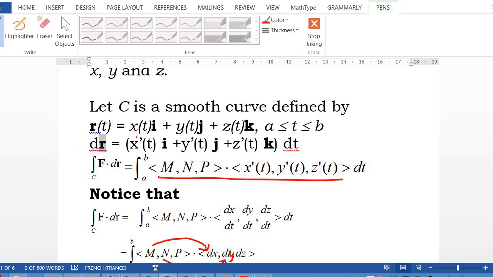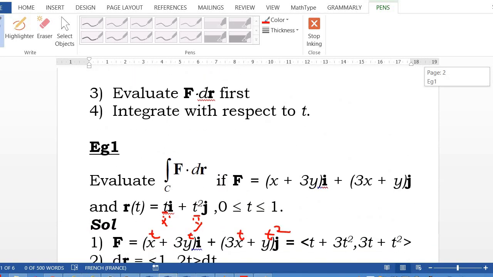Sometimes the curve is not given directly in the r(t) vector form, then you need to find your own parametric equations: x goes into the i component, y goes into the j component, and z goes into the k component.